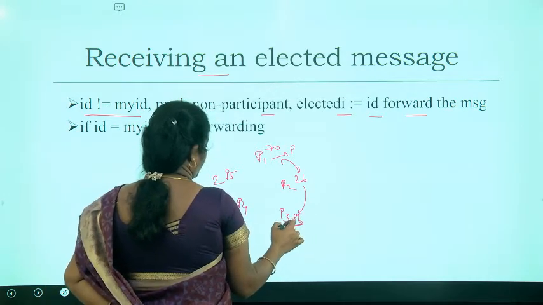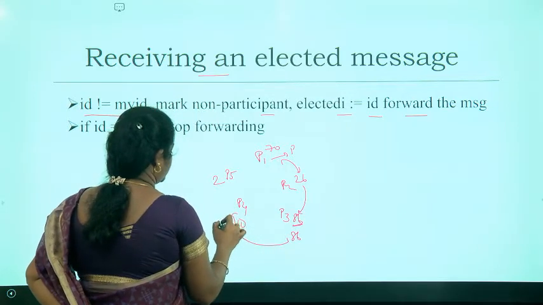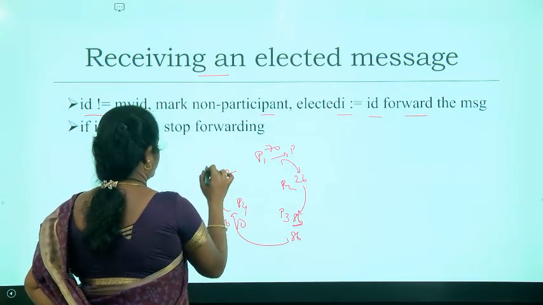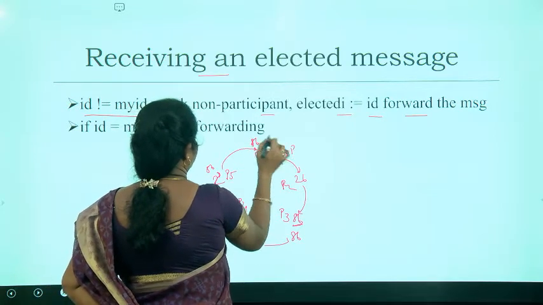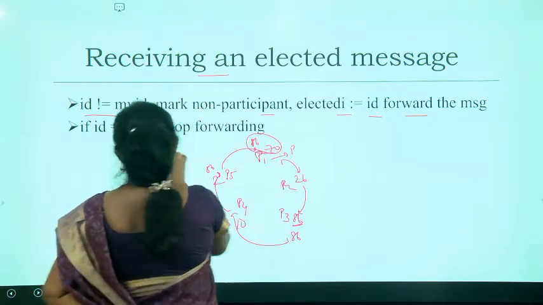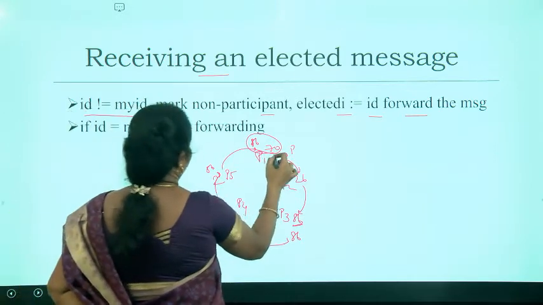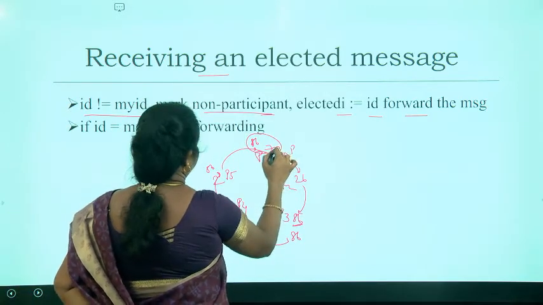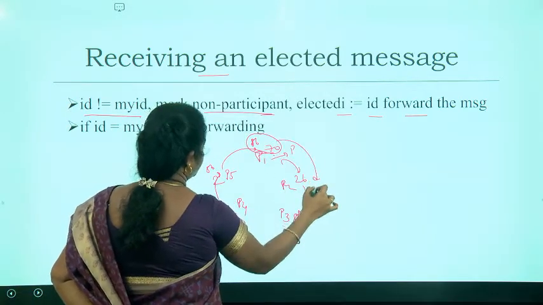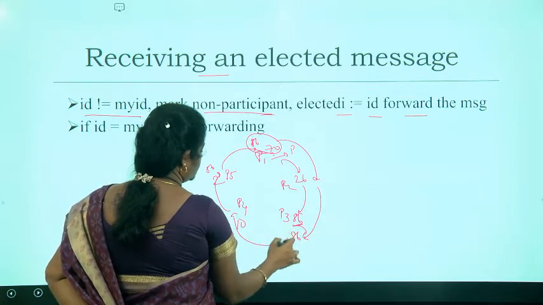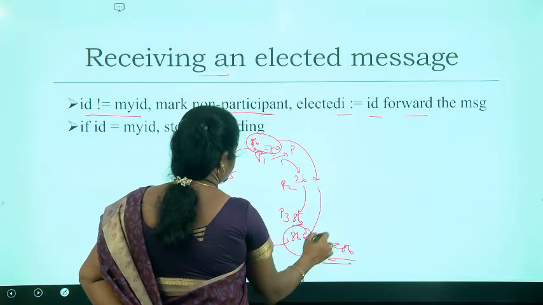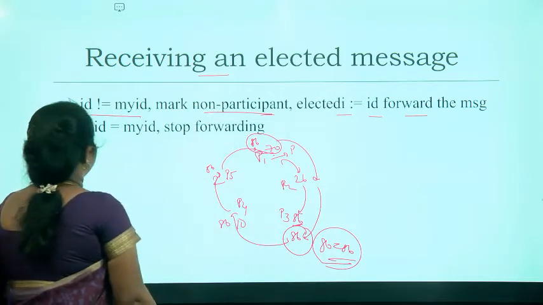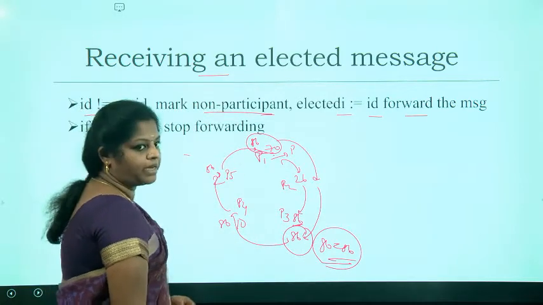Now 86 is forwarding here, and 86 comes here, and here also it is 86. See here, the one which was initiated at the beginning is not equal. What will happen? It will be a non-participant, it knows that, and it will forward here and reach here again. Once it reaches the same position, that is 86 equal to 86, this will become the coordinator. Stop forwarding and make it the coordinator.